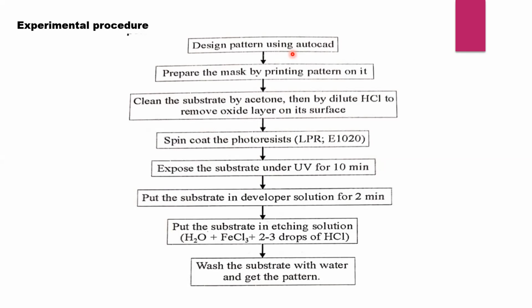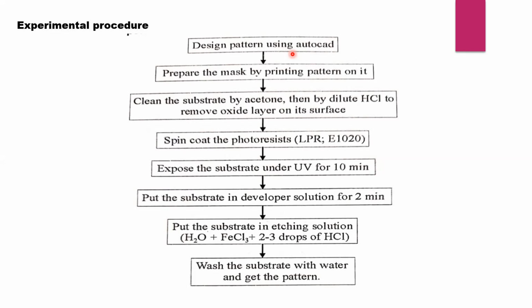We can choose any pattern making use of AutoCAD. Right? Already we are well versed from the previous video that this particular silicon, which is a substrate in this case, is exclusively used for making integrated circuits. And the pattern on an integrated circuit is very complex, one in one fashion and another in another pattern.